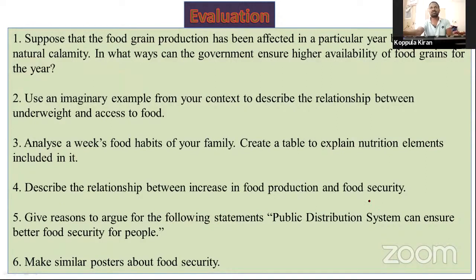Give reasons to argue for the following statement: Public distribution system can ensure better food security for people. In your own words, comment on it. Make a poster on food security.